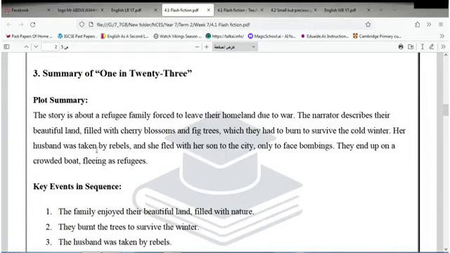Her husband was taken by rebels, and she fled with her son to the city, only to face another bad circumstance, another bombing. They end up on a crowded boat, fleeing as refugees.